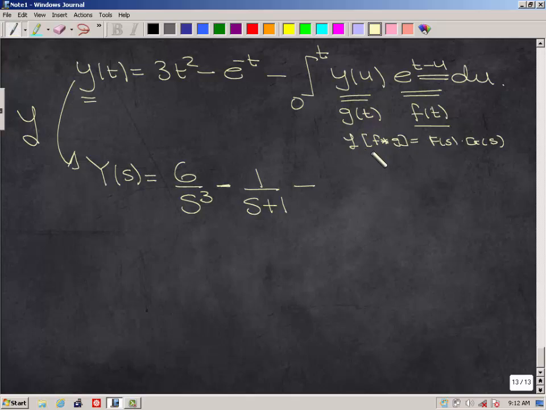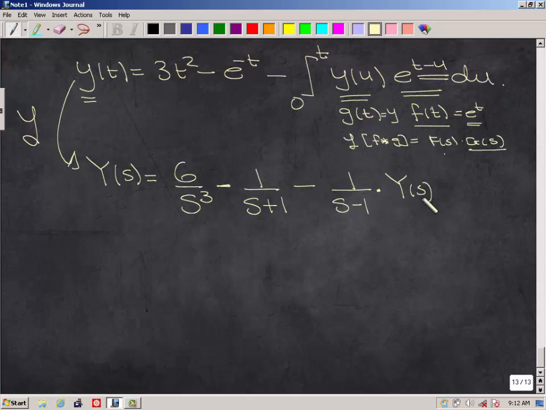Because f is basically e to the t, that is translated, and g is just y. So big F would be the transform of this, so it'll be 1 over s minus 1, times big G. G is y. What's the transform of y? Big Y. Okay, that's what it is.